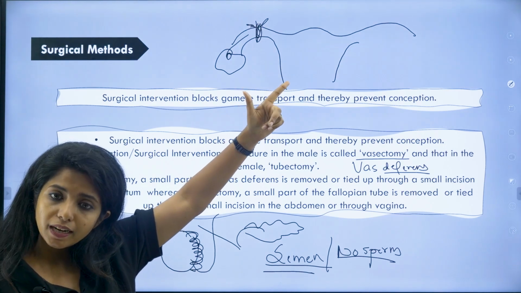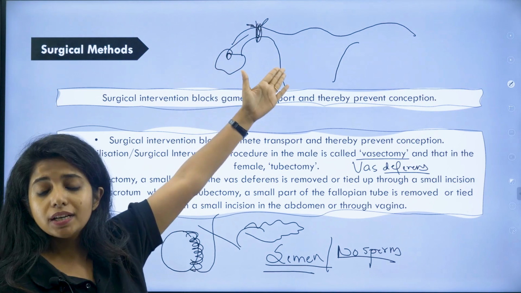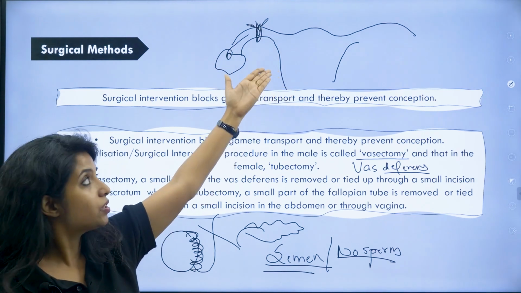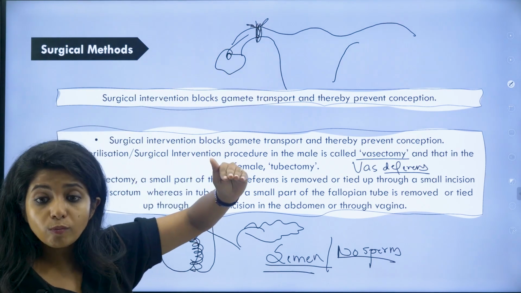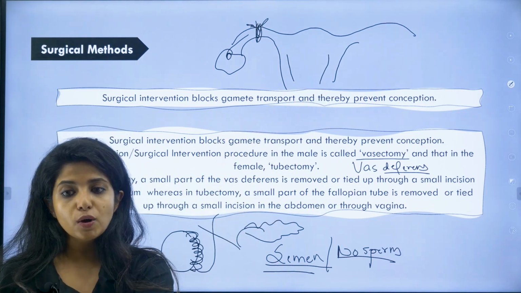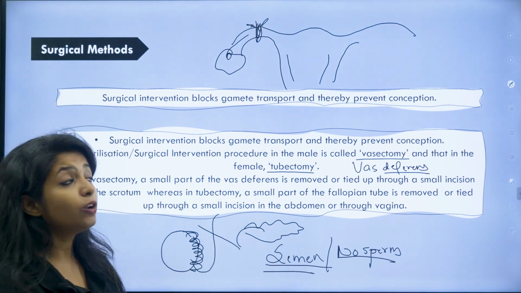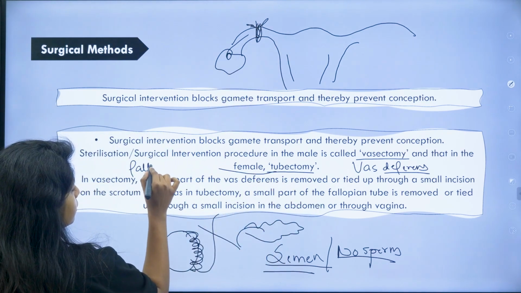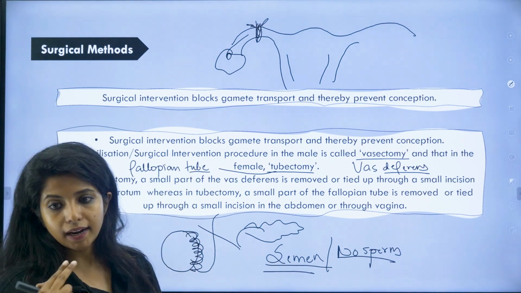Yes, menstruation will definitely take place because the ovaries are releasing the egg, the egg will degenerate, and the uterus will obviously prepare for the egg to get fertilized because it does not know that the incision has taken place. Our ovaries are still producing hormones, and these hormones are responsible for maintaining the endometrium layer. So periods also occur as usual. This is tubectomy because the fallopian tube is being cut and tied.